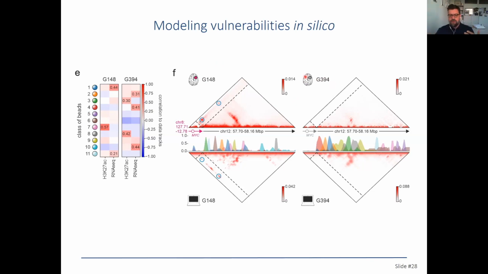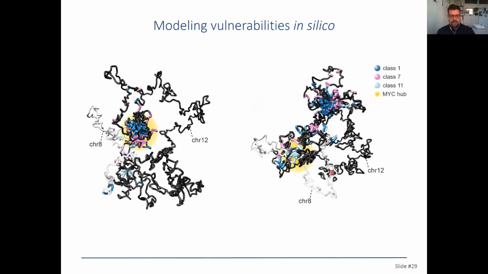We artificially fuse it, and as you can see, we cannot get neoloops here because we don't have the propensity. And then you can actually look at the simulations behind these reconstructed 3D maps from the modeling. And each one of these is essentially a single allele, or if you want, a single cell.